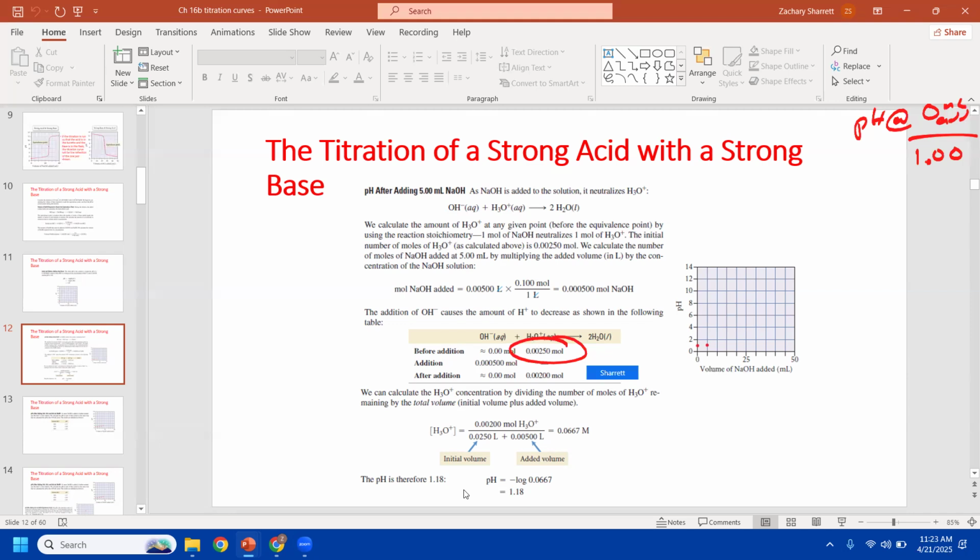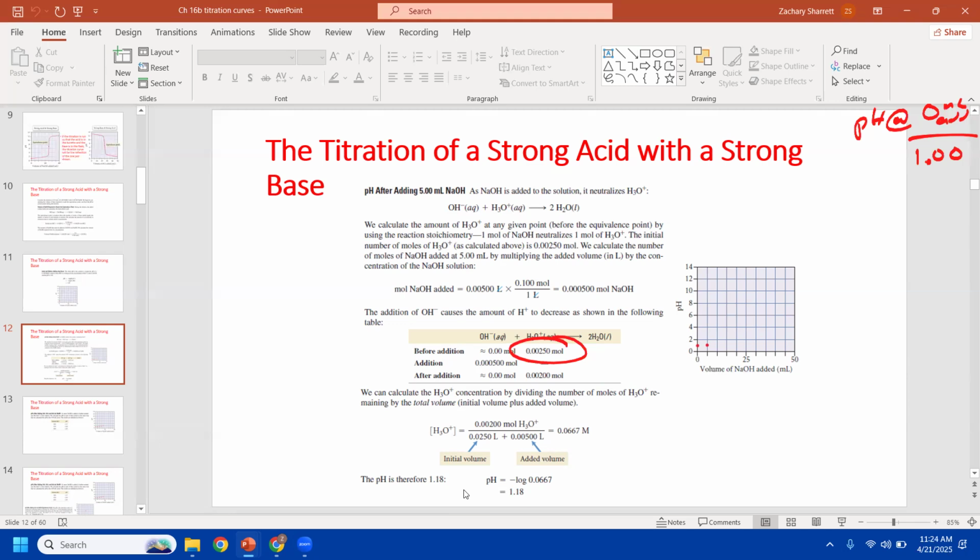Where did we get that, Robert? When we were just finding the equivalence point, right? To find the equivalence point, we wanted to figure out how many moles of HCl are in there. You always want to find out how many moles of HCl are in there to react, okay? So we have 0.025 moles in there.